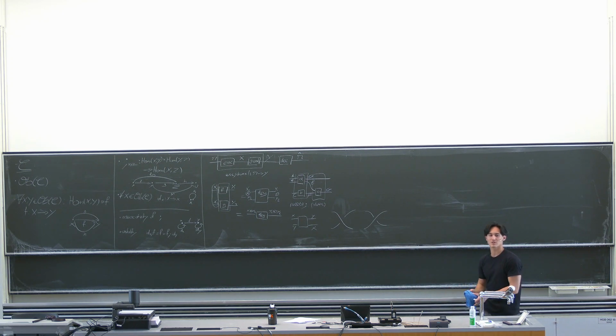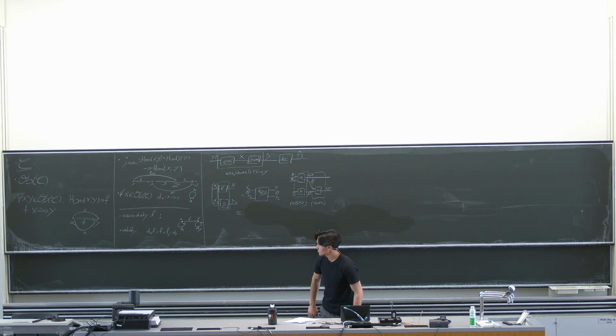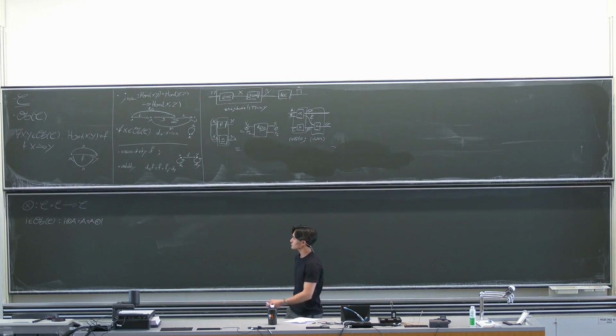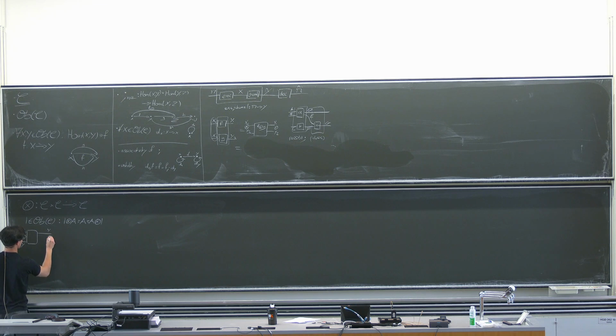So what we're going to do is define something very much simpler, which is called a braiding morphism. And I'm going to put it on this one right here. So what we're going to do is define a braiding morphism, which takes x cross y, and it returns y cross x.